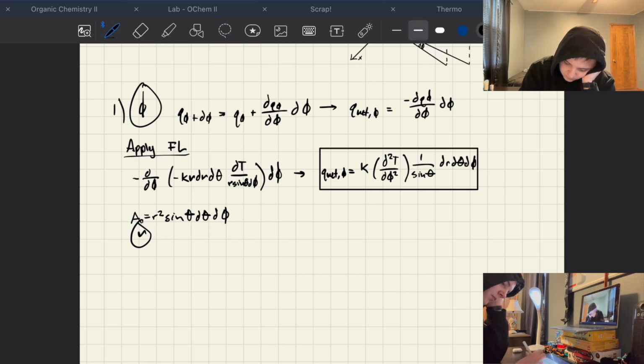Now we can do our linear interpolation. So q r plus dr is equal to q r plus dq r over dr times dr.